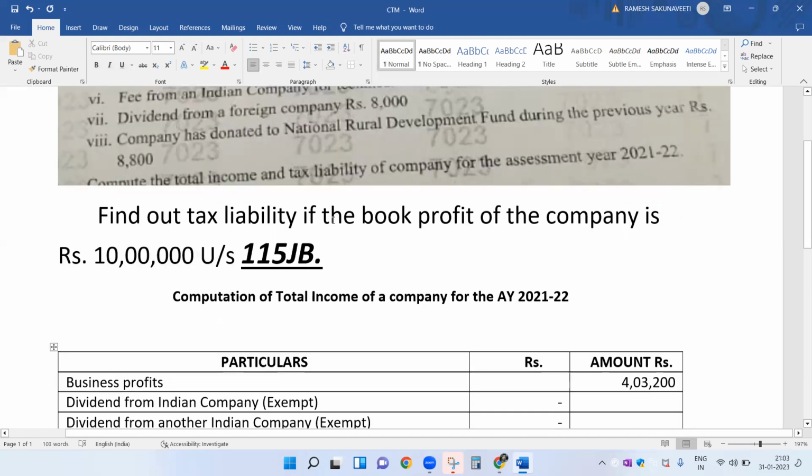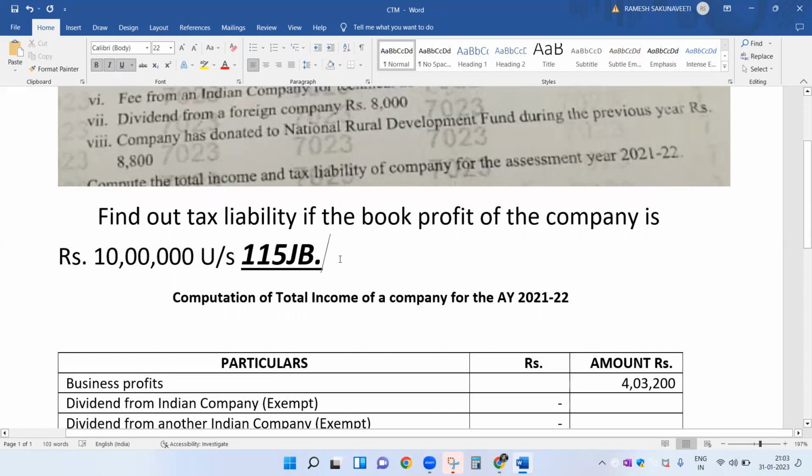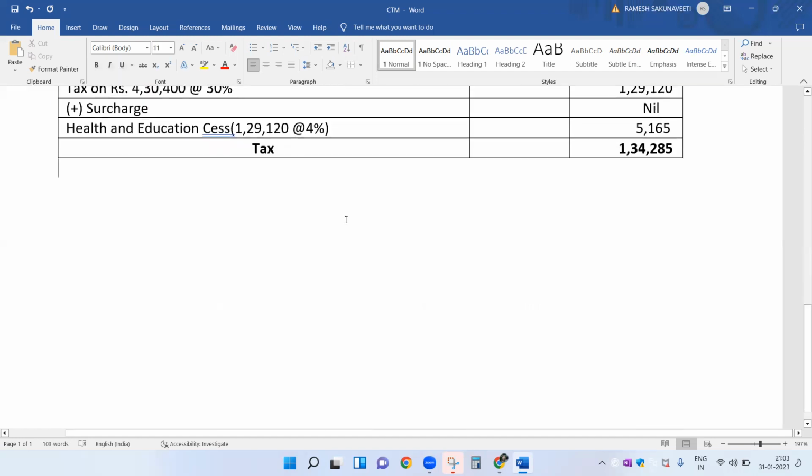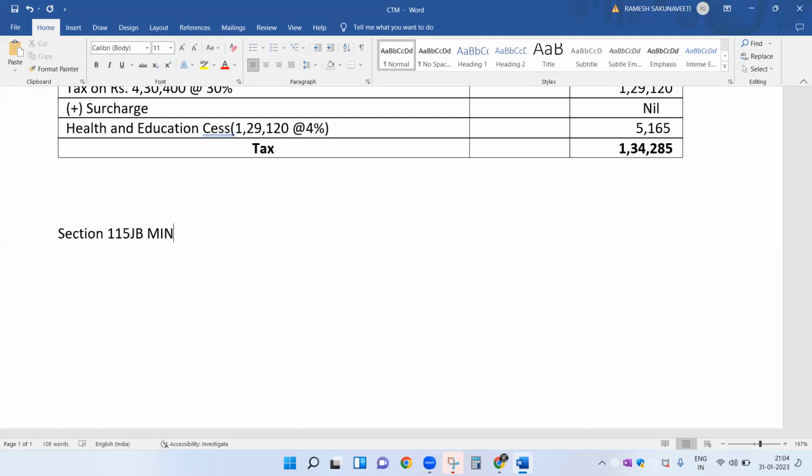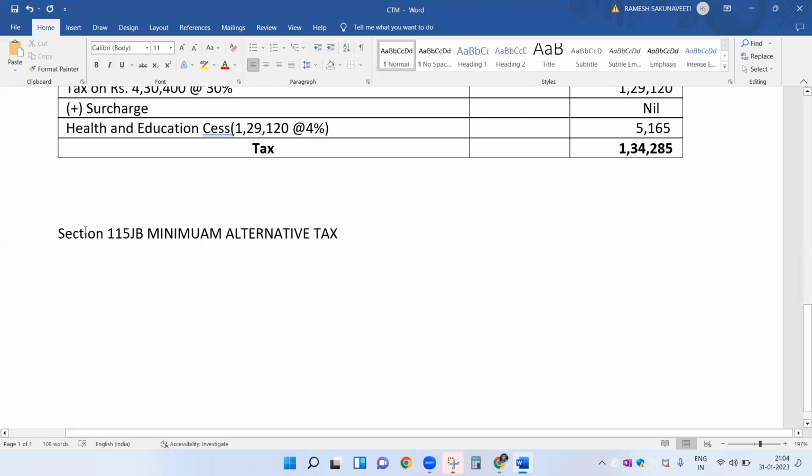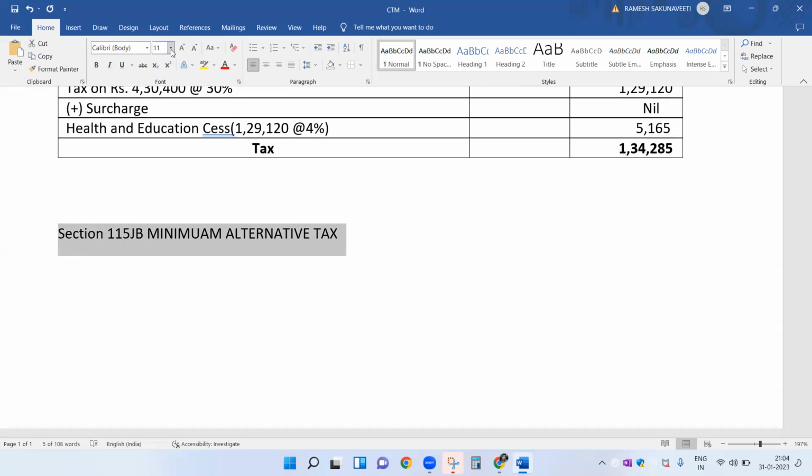Before solving this problem, section 115JB is related to minimum alternative tax. What is this? I will tell you with the help of one example.